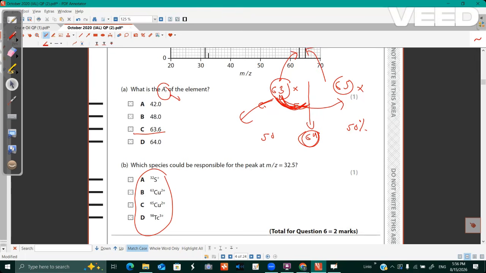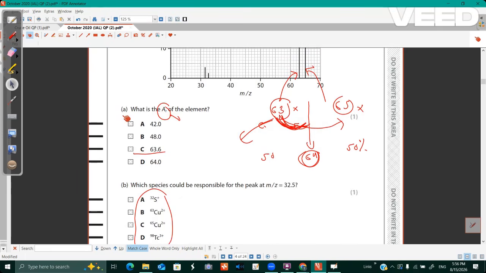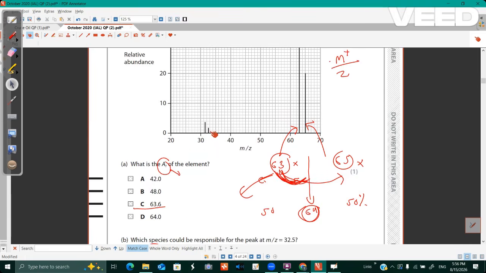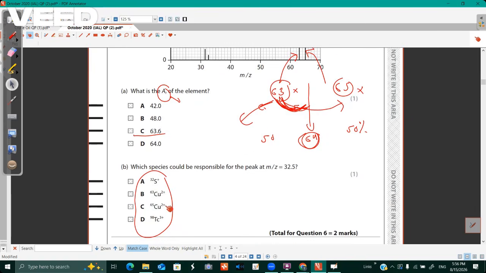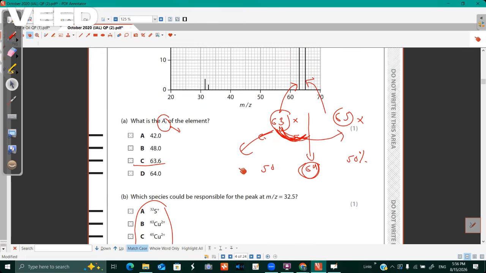Now remember, 32.5 means where? Here, right? 62, 65. Now remember when you take the m divided by z values, right?